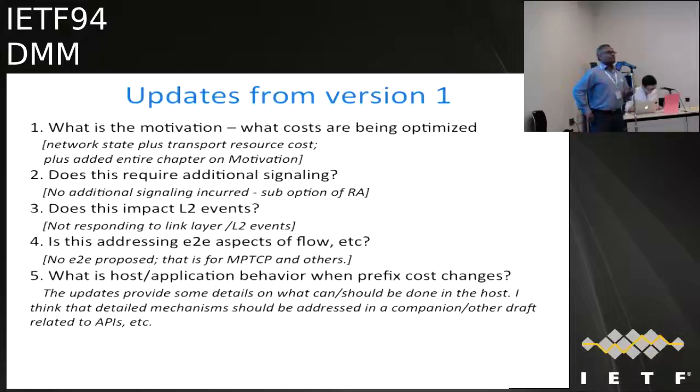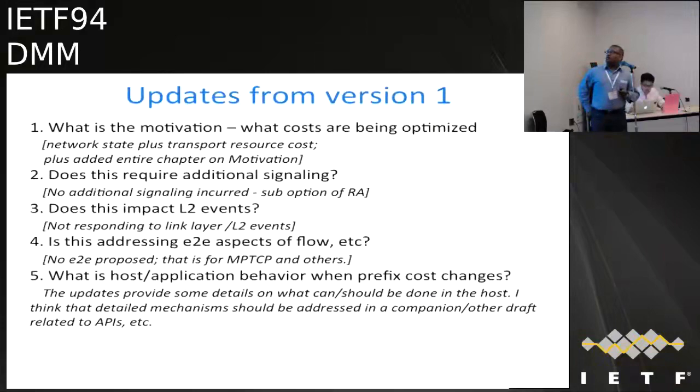One of the questions was the motivation for the draft itself. We've added a whole section on the motivation, and I'll go through it as we go. But primarily this is due to lower latency links. What happens is as you move, the cost changes, and we want to address that. I'll get into the details as we go.